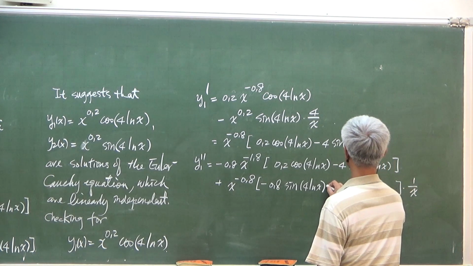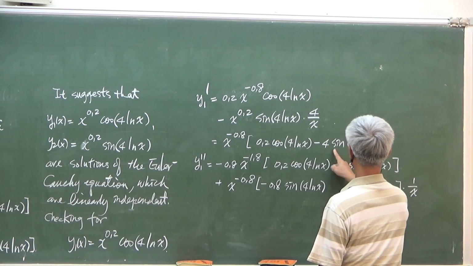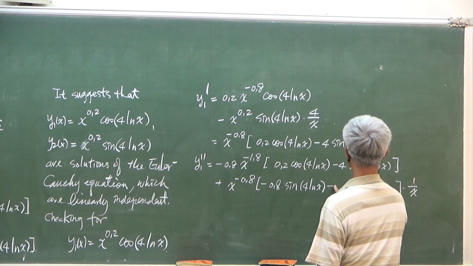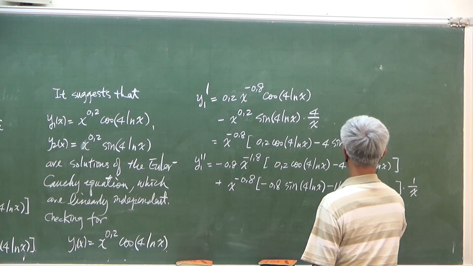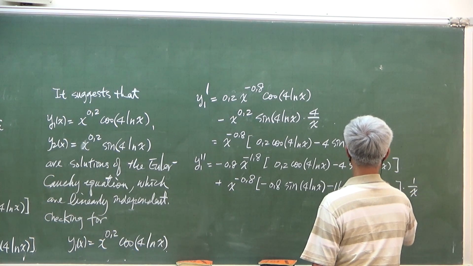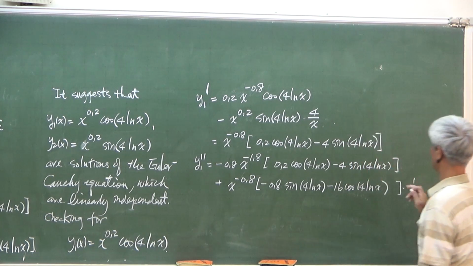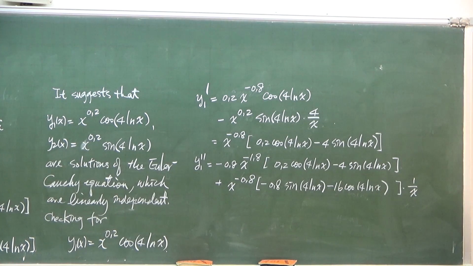And here it's sine cosine, so this is 16 cosine of 4 ln x.